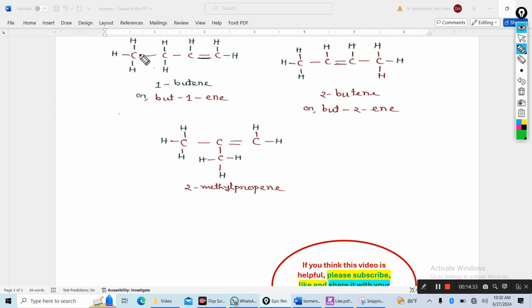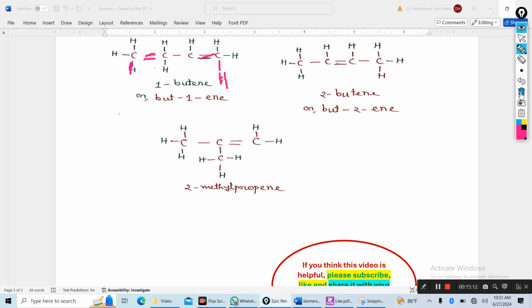Or if you count from the left hand side, 1, 2, 3, 4, it is but-3-ene. So between 1 butene and 3 butene, 1 is the smaller number, so we count from the right hand side, 1, 2, 3, 4. So this is correct. Or you can write the double bond here, no problem. In that case no hydrogen will be here, this single bond, this hydrogen will be here, 1 butene or but-1-ene.